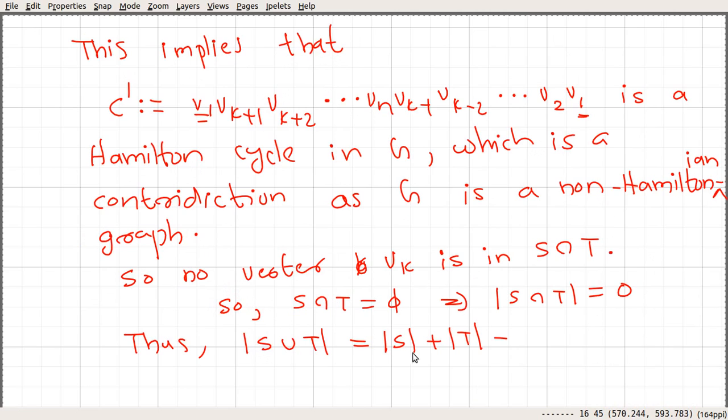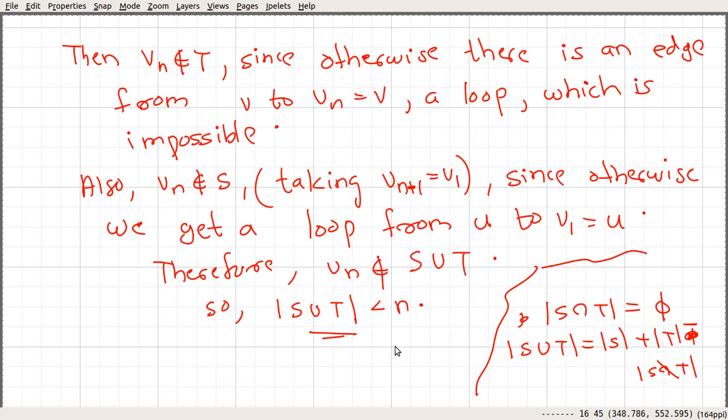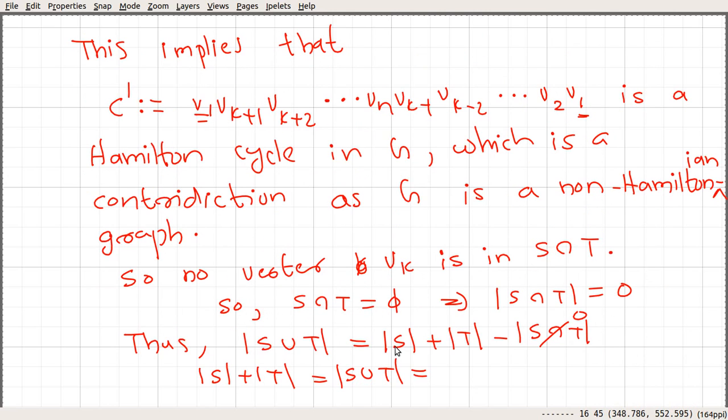S union T is this cardinality plus this cardinality minus the cardinality of S intersect T. So this is 0, and that says cardinality of S plus cardinality of T is equal to cardinality of S union T, and we already showed that cardinality of S union T is strictly less than n.